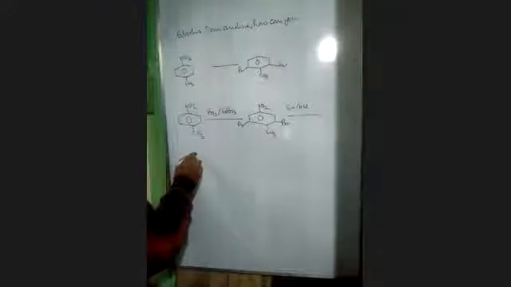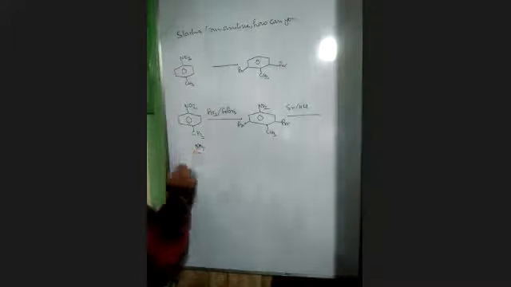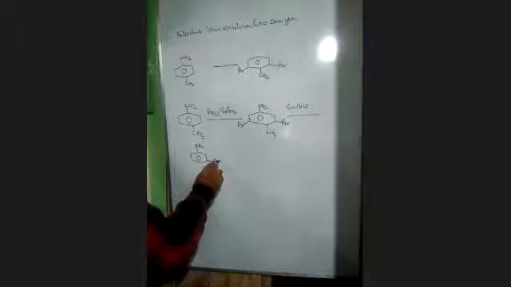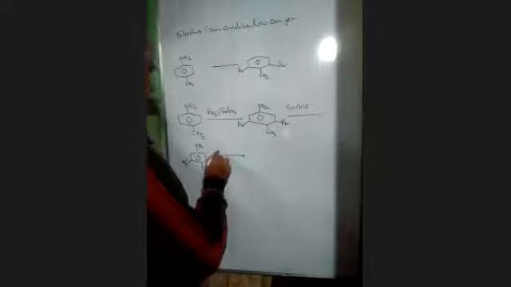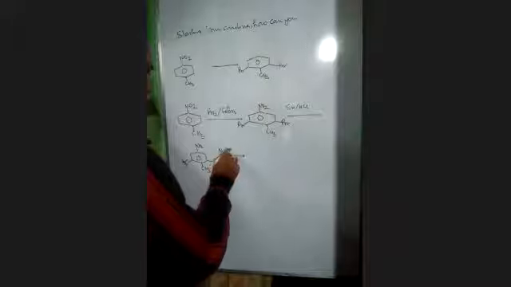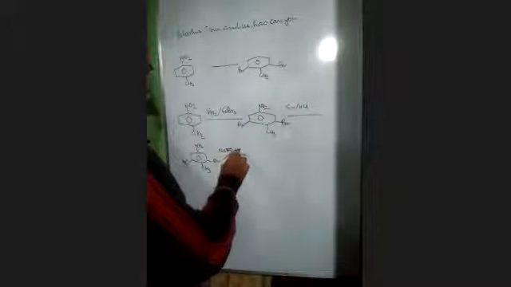So what you'll get now here? You'll get NH2, Br, CH3, CH3. All right. Then I will convert it into diazonium salts.